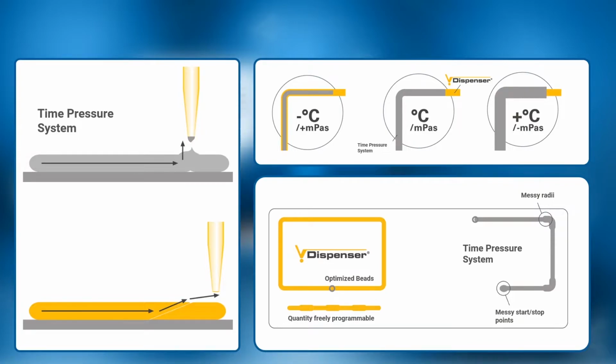All of these functionalities we cover with our volumetric dispensing systems. That means we have a very constant bead over the complete outline, independent of the speed, independent of the viscosity of the material, and also, as we said before, a very accurate start and stopping point.